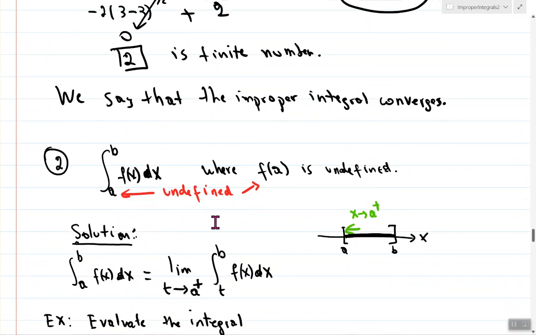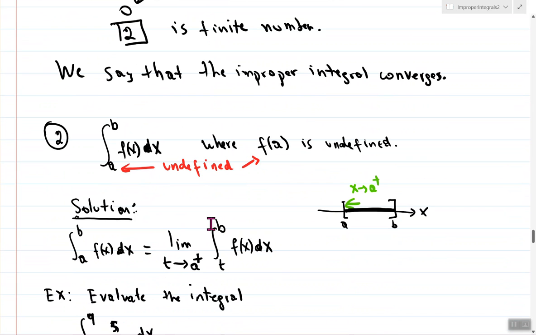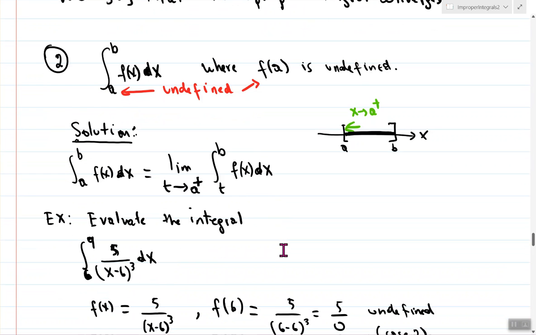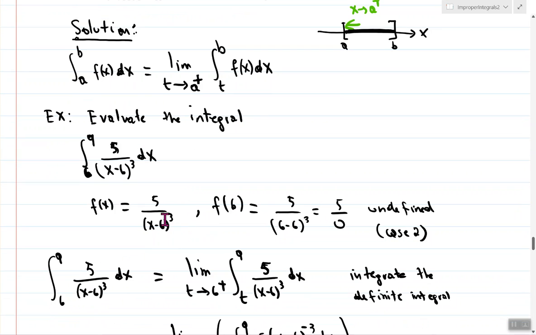For case 2, we have the case where the lower limit has a problem. So we know we're going to change this to the limit as t approaches a plus. So an example is this. You have the integral from 6 to 9 of 5 over quantity x minus 6 cubed.